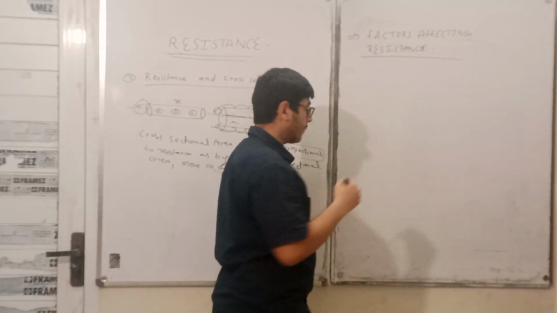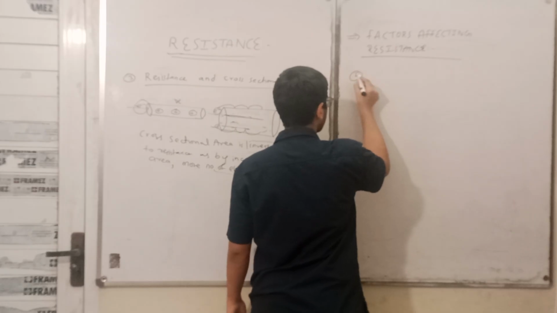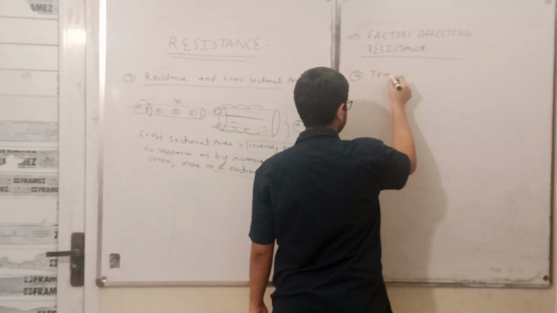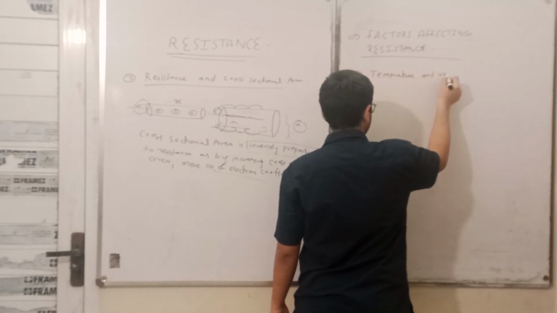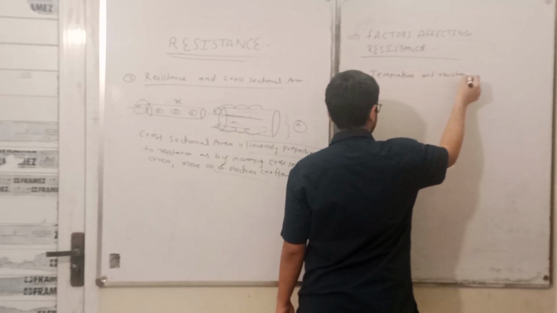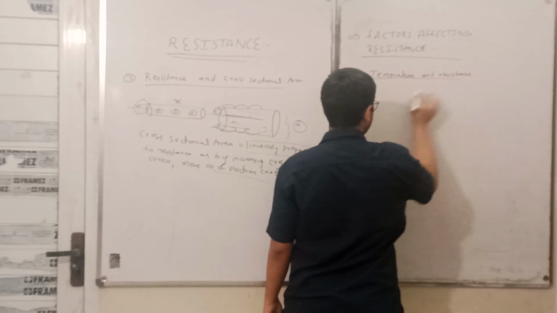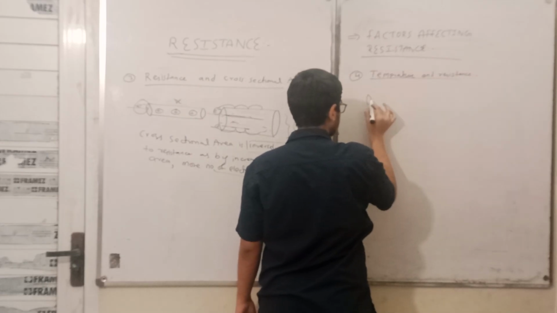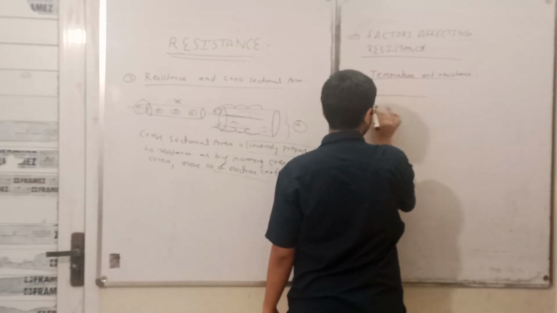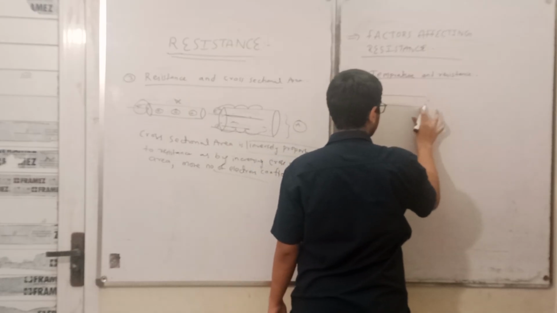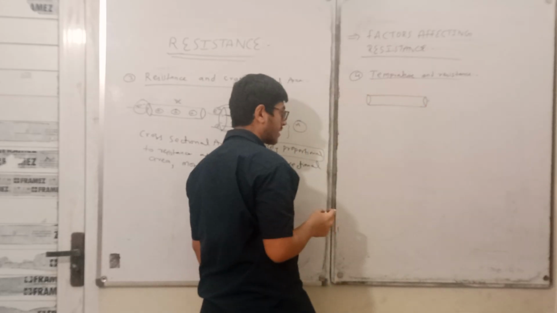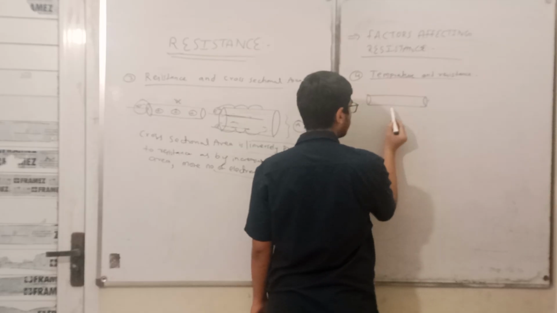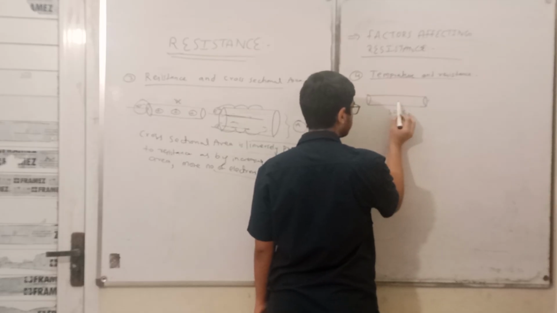Our last factor would be temperature and resistance. Suppose this is a metal conductor and initially it is at 30 degrees Celsius and its molecules are vibrating at lower amplitude.